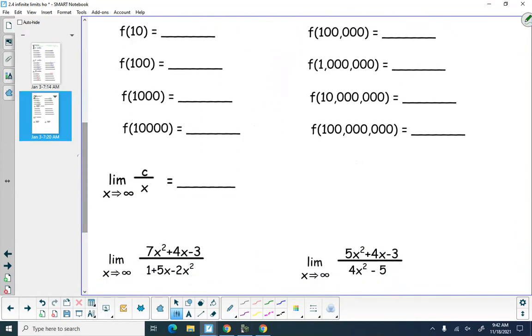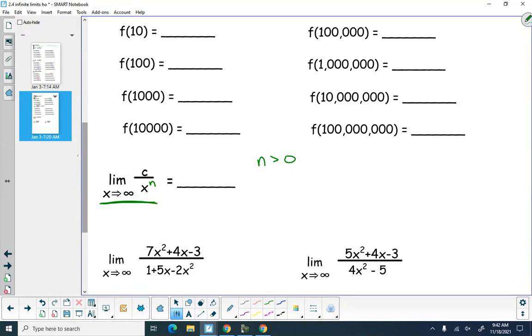The key thing to remember is if you take the limit as x approaches infinity of some constant over a variable x to the nth power, and n has to be greater than 0. n cannot be less than 0 because that would be a negative exponent, and if this was a negative exponent, it would shove it up top.